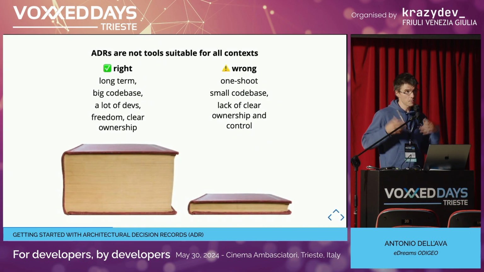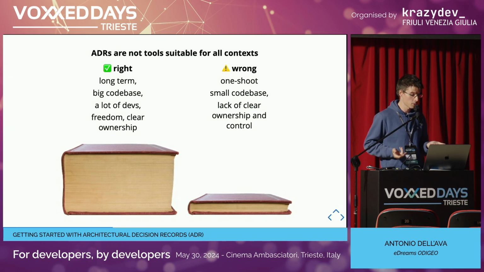Also, this methodology is not suitable for all contexts. Okay, I have been working for 8 years in a good consultancy company, and I know that in some contexts you are just there to solve a specific problem. You are not the owner. You are there to do a specific task, and this obviously is not the right context.